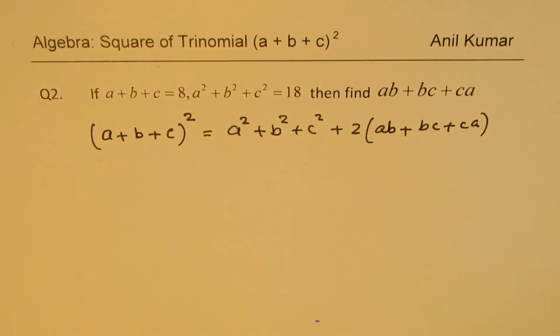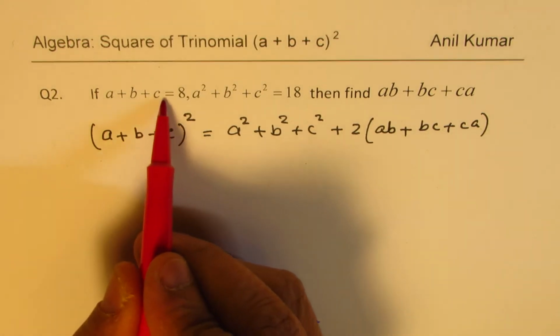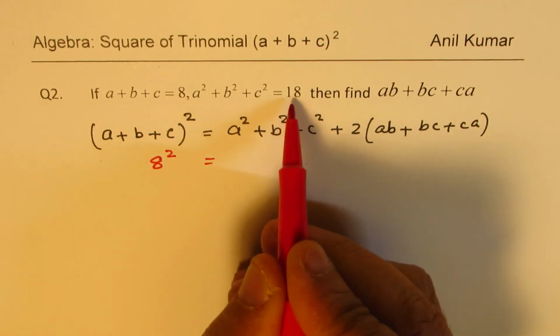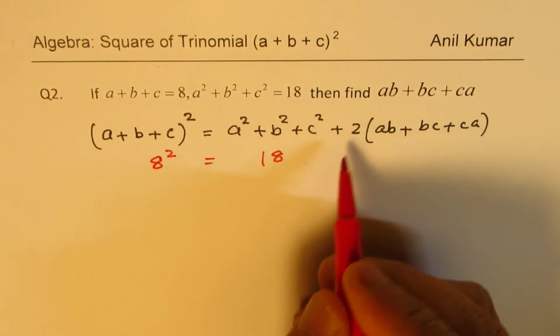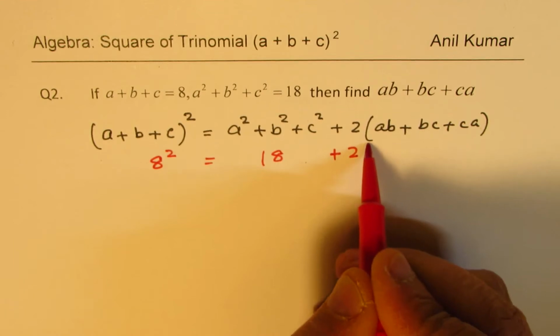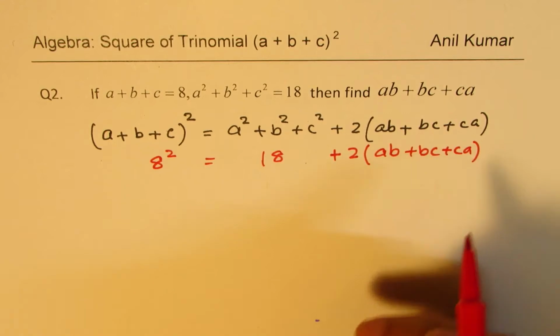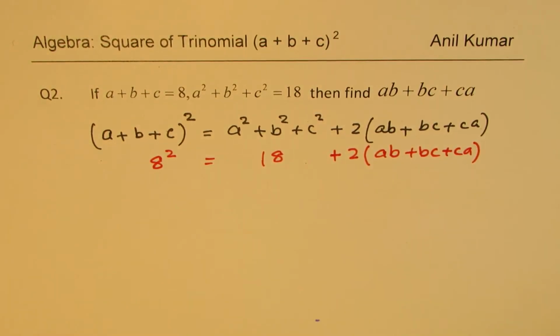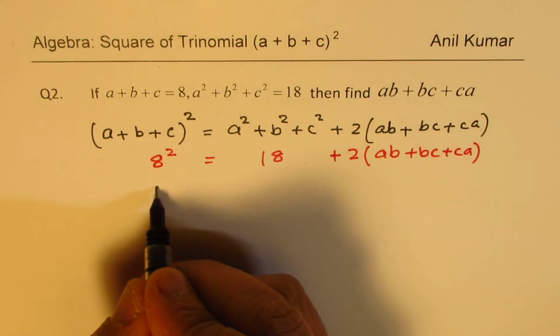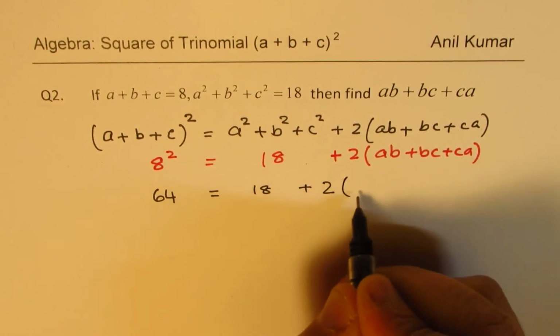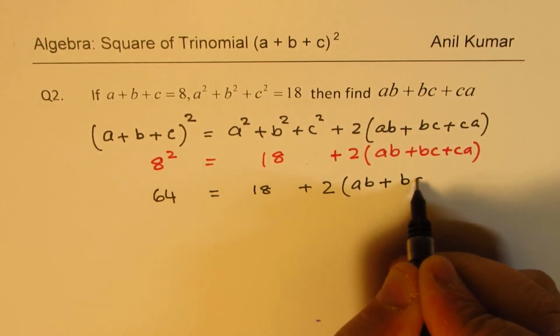Now, if you look at it, what are we given? We are given what a plus b plus c is. It is 8, so I'm substituting 8 here, equals, this term here is 18, and this is 2 times what we need to find. So we just need to rearrange and get our answer. 8 square is 64, so 64 equals 18 plus 2 times whatever we need, which is ab plus bc plus ca.